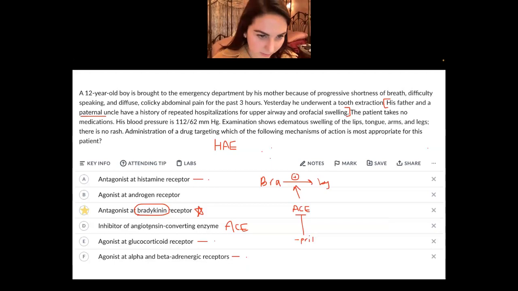I think it would be something like this for the high blood pressure. Or remember, they would say the patient has super high blood pressure and was recently started on a new medication. You can reasonably assume it's an ACE inhibitor. If you inhibit this, now there's nothing to help bradykinin get broken down into its byproduct. So we have this massive increase in bradykinin, because C1 inhibitor also helps break down bradykinin.